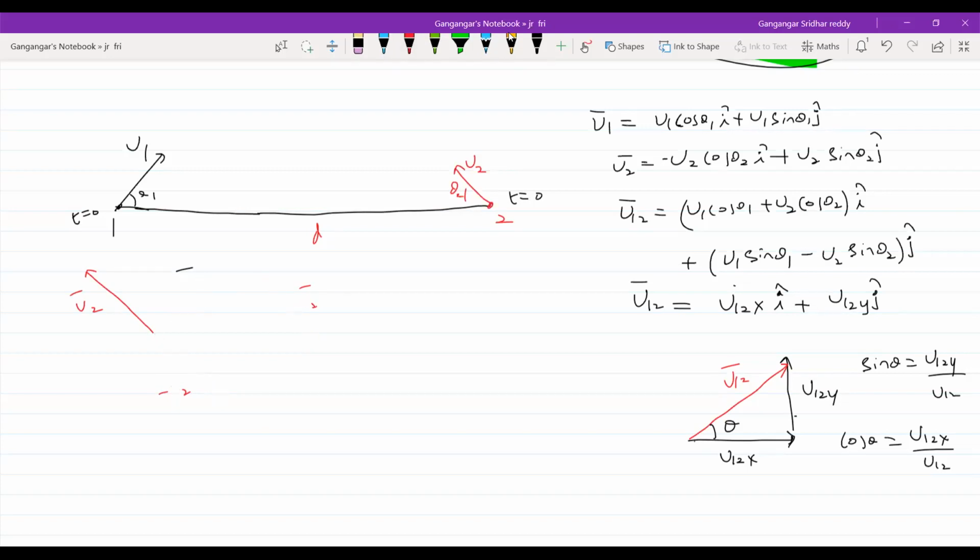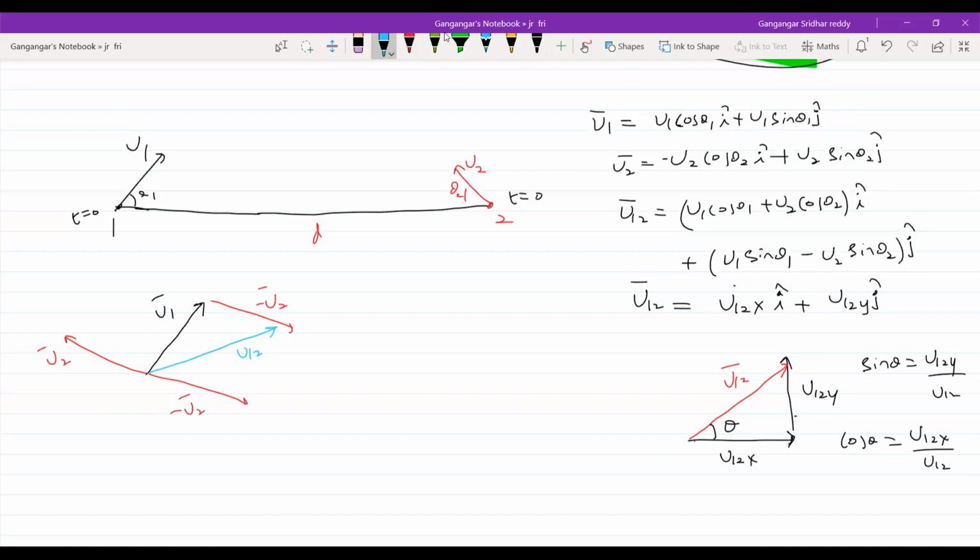I'll redraw it again. This will be u1. We'll take one reference line here. This is u1. This is u2 bar, minus u2 bar. I'll shift the resultant vector u12 bar, now it's horizontal.